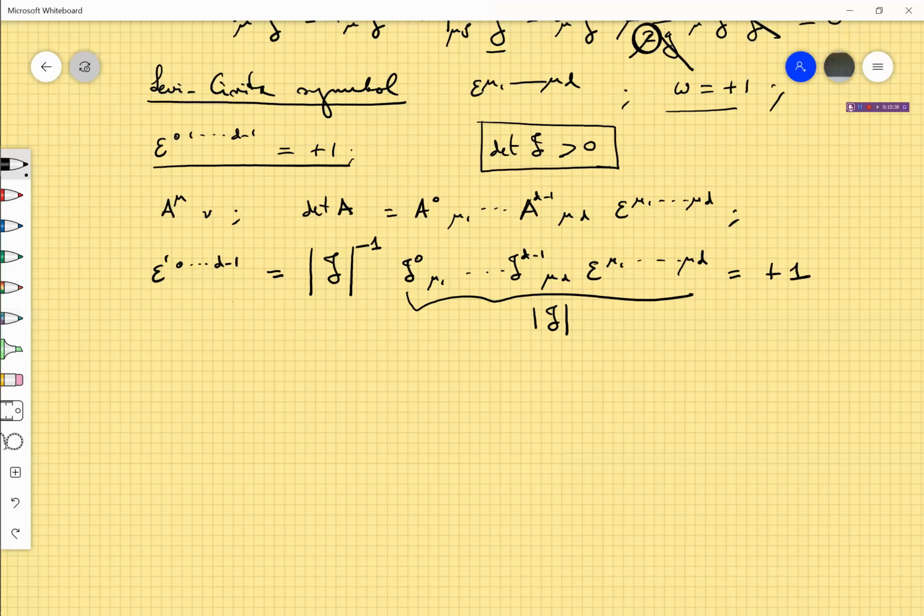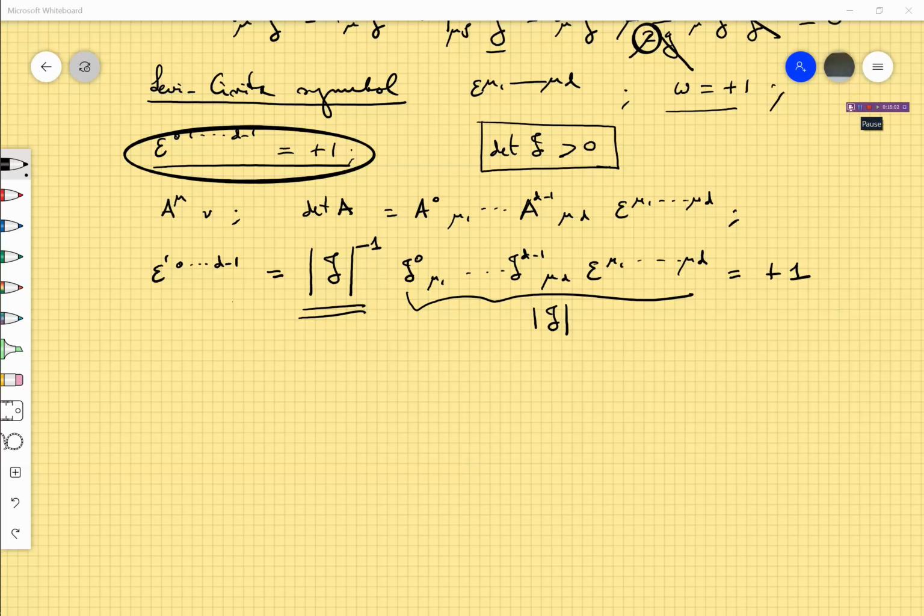So only if you consider that this is a tensor density of weight 1, this property that the component 0, 1 up to d minus 1 of the Levi-Civita symbol is always +1 in all coordinate systems remains true.